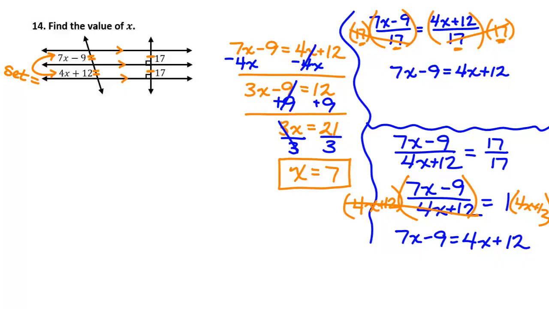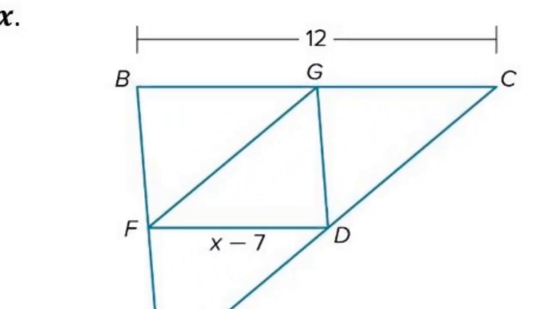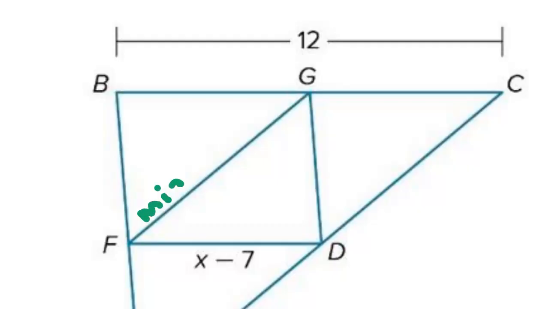What else would you guys like to look at? Yes, number 8, absolutely. Let's go look at number 8. It says DF, FG, and GD are mid-segments. So I'm going to go ahead and label those on my picture. This is a mid-segment.